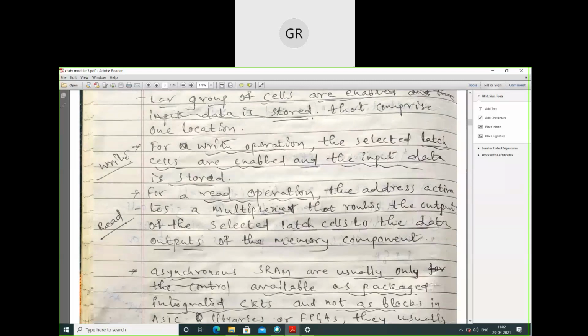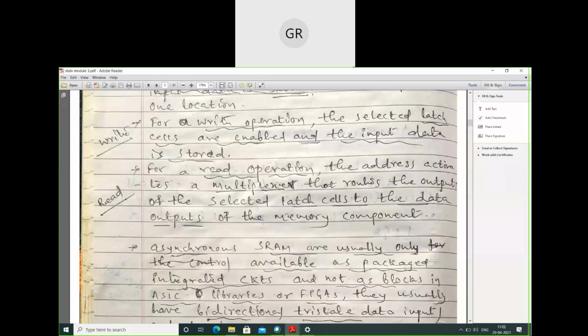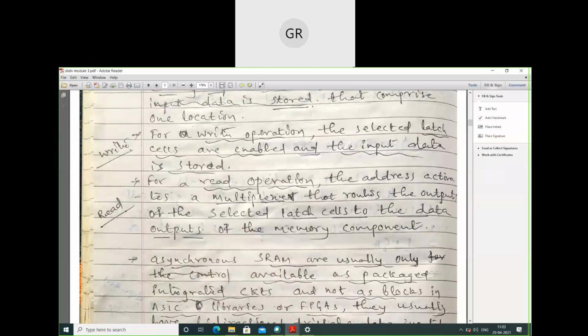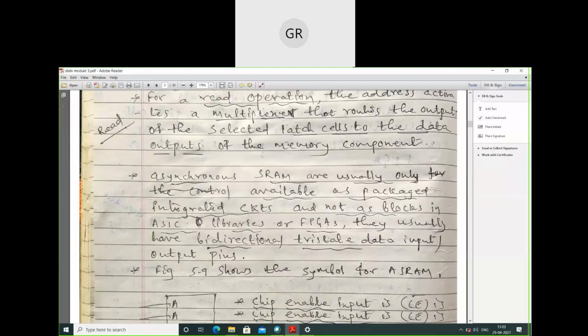For a read operation, the address activates a multiplexer. That means here at the output side, we have the multiplexer, which can select from which memory block we can fetch the data. Read means fetching the data. For a read operation, the address activates a multiplexer that routes the outputs of the selected latch cells to the data outputs of the memory component.